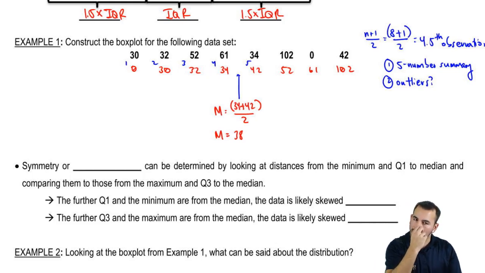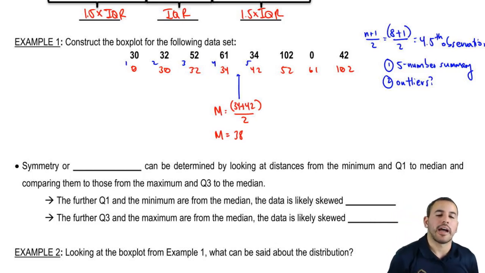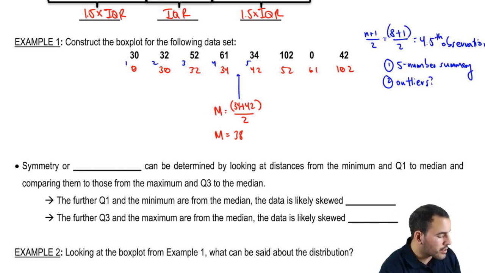So let's keep going with our median and find Q1. Our data is split in half right here, so we have 4 observations on the left, 4 observations on the right. Our Q1 is somewhere in between two numbers, and our Q3 is somewhere in between two numbers, right?